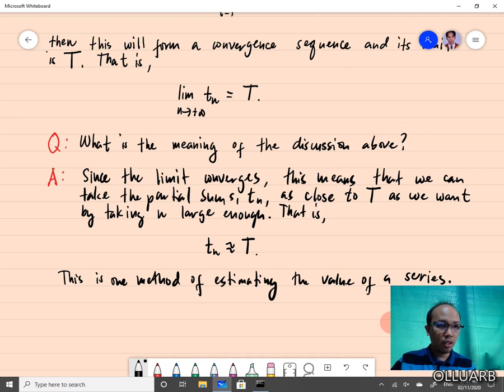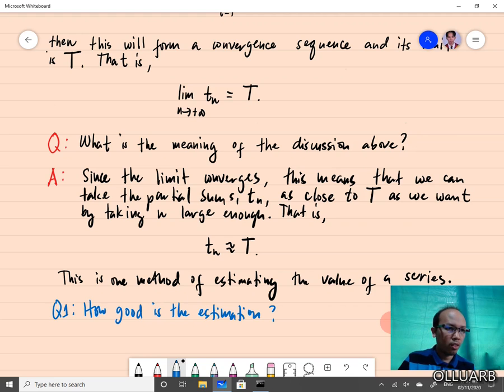And secondly, can we make the estimate better? So question one: how good is the estimation?